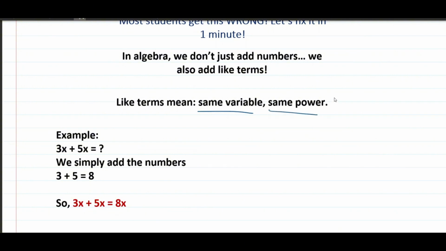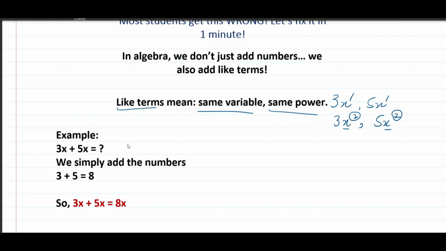For example, 3x and 5x have the same variable, so they will be called like terms. For example, 3x square and 5x square: the power should also be the same and the variable should also be the same. Over here the power is 1, so this will be called like terms.